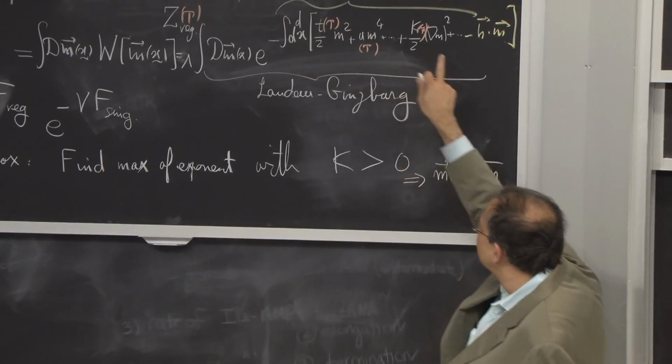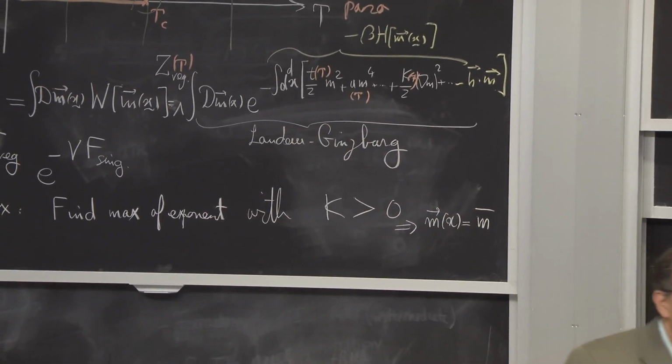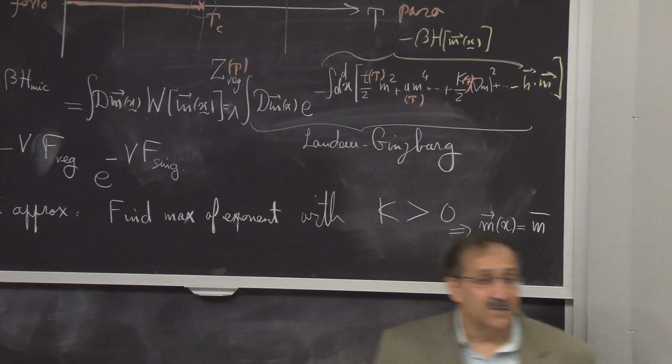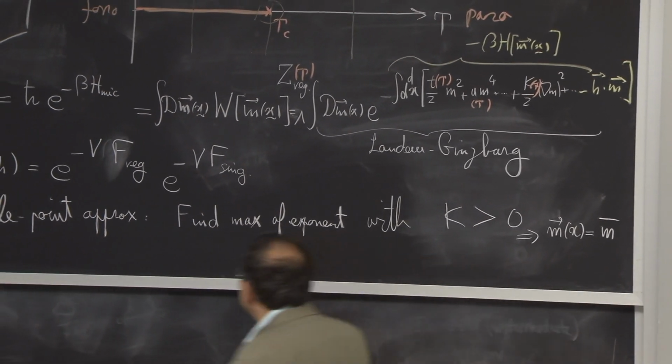If I put a uniform value, first of all, the integration will simply give me the volume. That's good, because that's what I expect over here. So at the end of the day, what do I get?